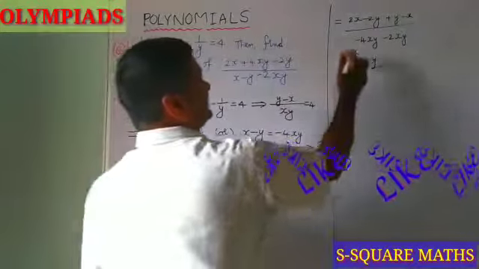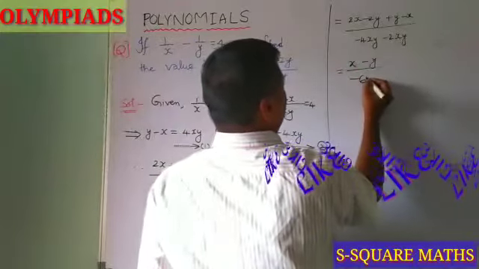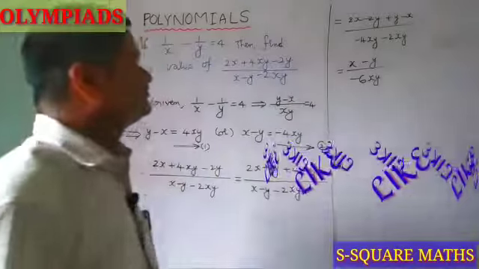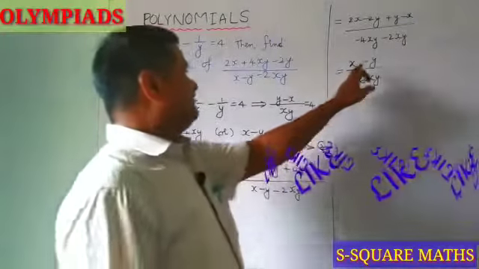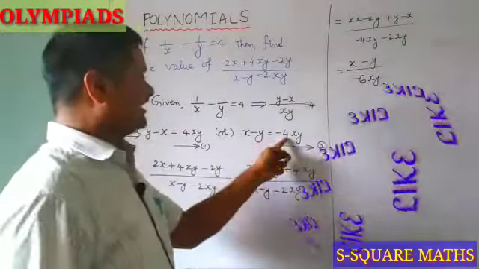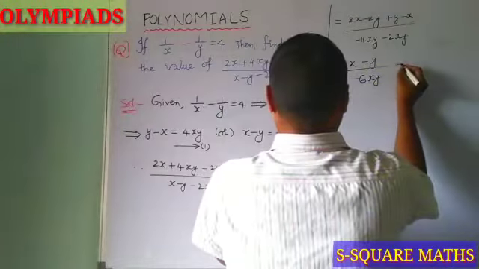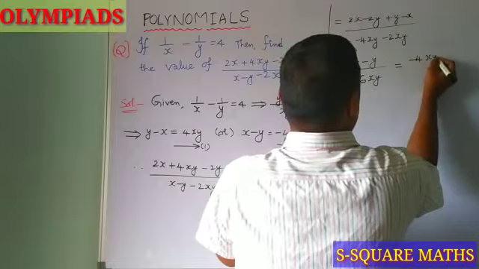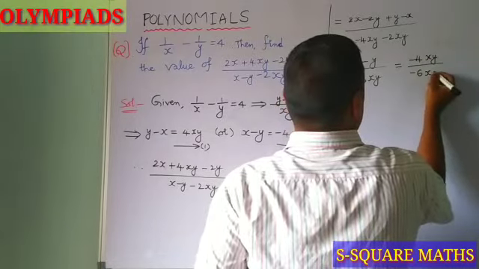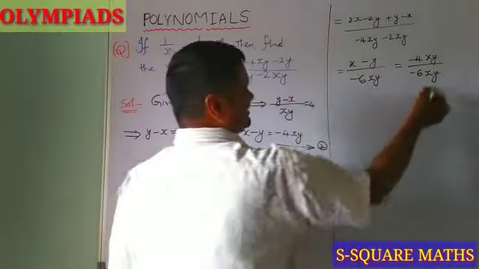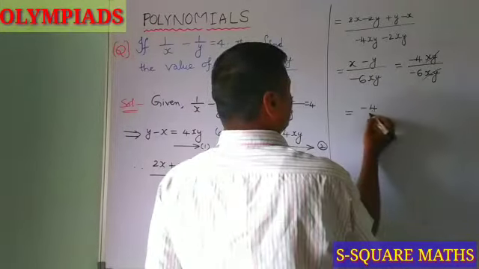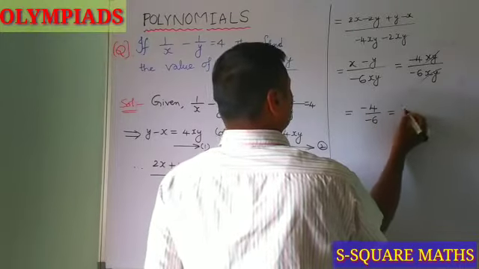And what is here? Minus, I can write it as 6xy. Okay. So again we got here x minus y. So x minus y stands for what here? Minus 4xy. Let us replace this one. Minus 4xy by, here it is, minus 6xy. Since the operation is multiplication, xy and xy will get cancelled. Left over is minus 4 by minus 6, which gives you 2 by 3.